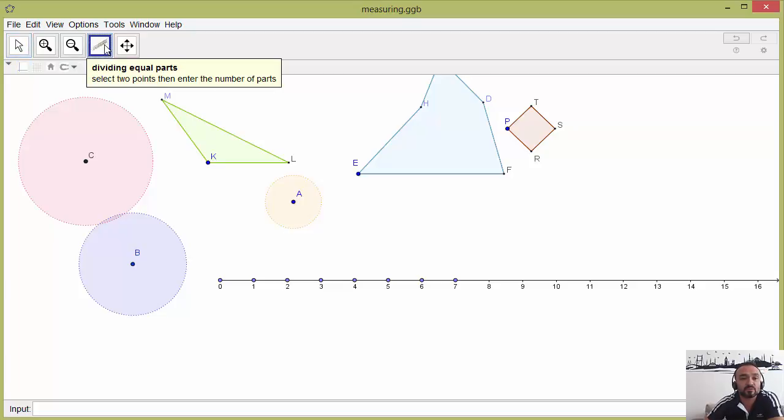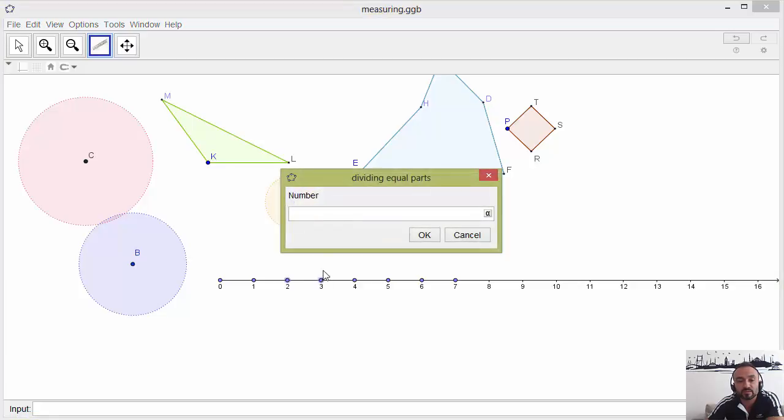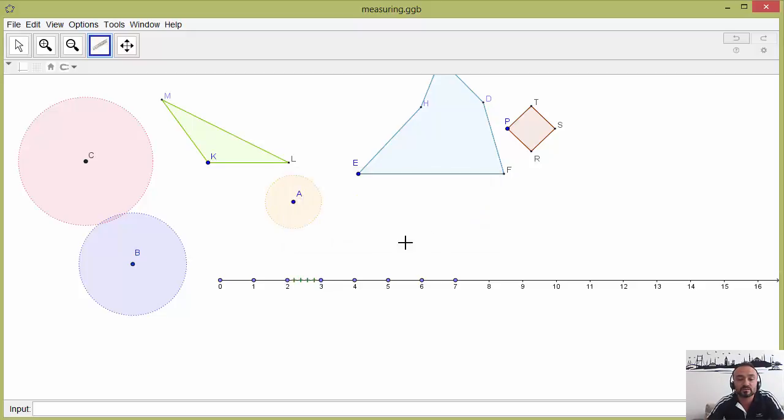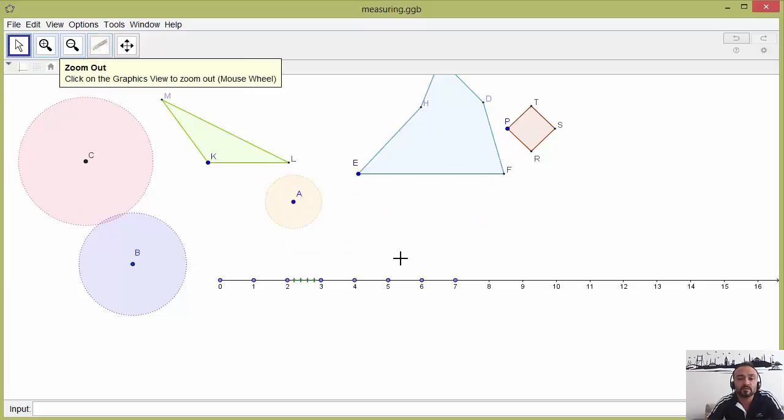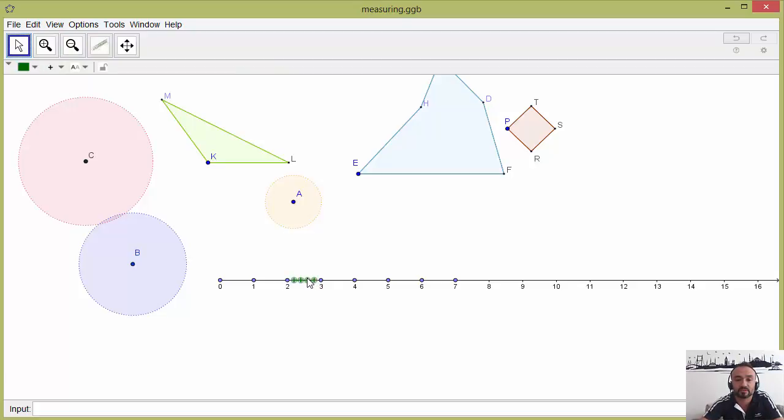Just select this custom tool, then select 2 points, then enter the number of parts. For example, if you want to divide the interval of these 2 numbers, just click the 2 numbers, then enter the desired number of partitions. To go back, just select the partition and delete it.